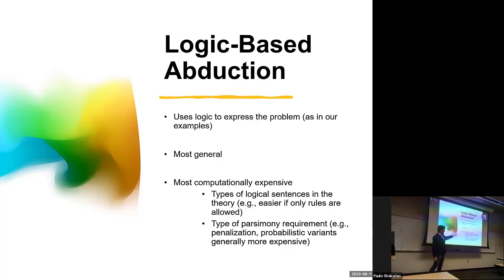So logic-based abduction is the most general of what we described here. In the Eiter-Gottlob paper that I included on the lesson plan today, they describe it with a first order logic, but there's been other research that uses things like probabilistic or annotative logic that allows you to bring in elements of uncertainty as well.